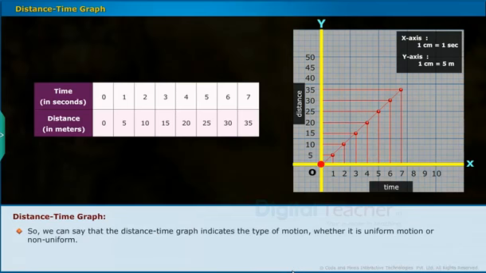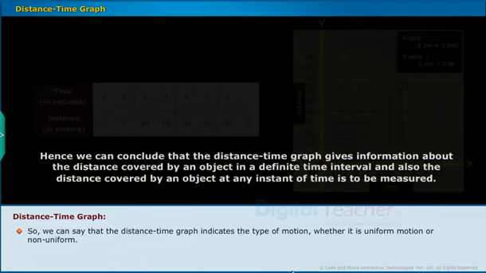So, we can say that the distance time graph indicates the type of motion, whether it is uniform or non-uniform. Hence, we can conclude that the distance time graph gives information about the distance covered by an object in a definite time interval and also the distance covered by an object at any instant of time can be measured.